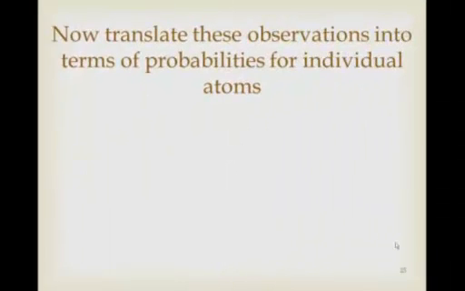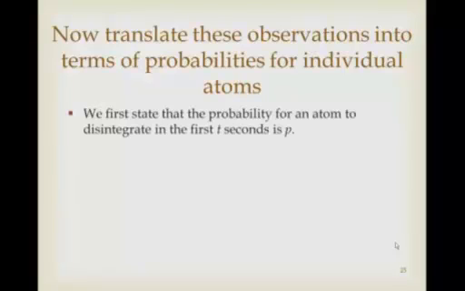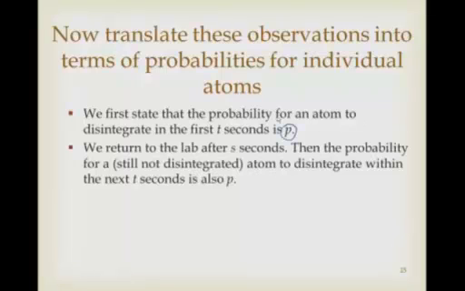Now we'll translate these observations into the terms of probabilities for individual atoms. We can first state that the probability for an atom to disintegrate in the first t seconds is p. And we return after s seconds, and the probability for a still not disintegrated atom to disintegrate within the next t seconds is also p.